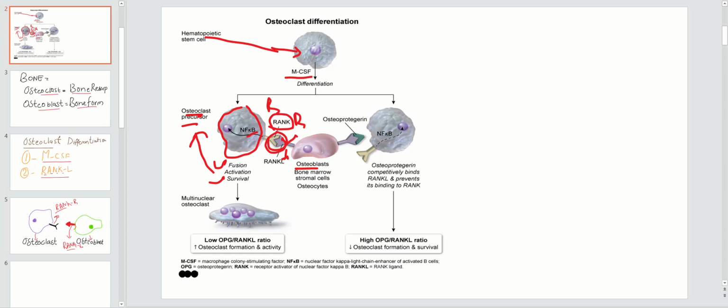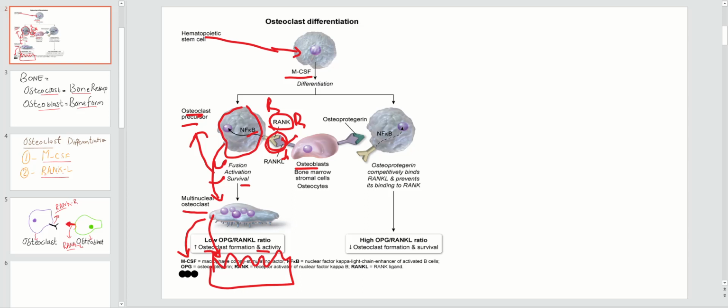It goes to the nucleus, leading to the activation and the survival of this osteoclast, and this osteoclast becomes a multinucleated osteoclast and causes resorption of the bone. Over here I'm just drawing a bone. So this osteoclast eats your bone, right? Forget about the ratio for now, just remember that fusion and survival of osteoclast precursor causes increased osteoclast formation and activity, that is bone resorption, right?